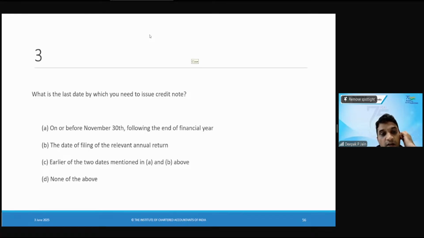So earlier of the due dates, that is 30th November or the date of filing annual return, whichever is earlier, you have to raise an invoice and report it in that month.